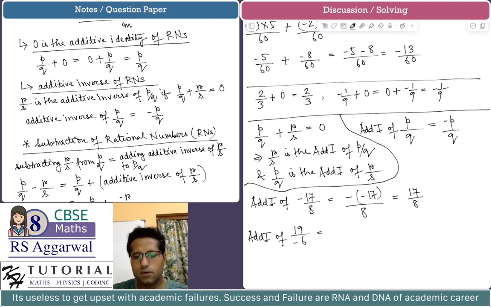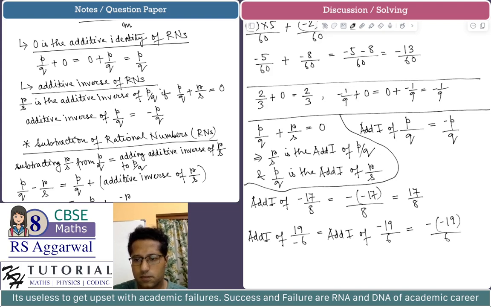So this is equal to the additive inverse of, how do we convert 19 by minus 6 so that it has a positive denominator? We just take the negative of the numerator. So this is minus 19 by 6. Now the additive inverse of minus 19 by 6 is nothing but you take the negative of the numerator.